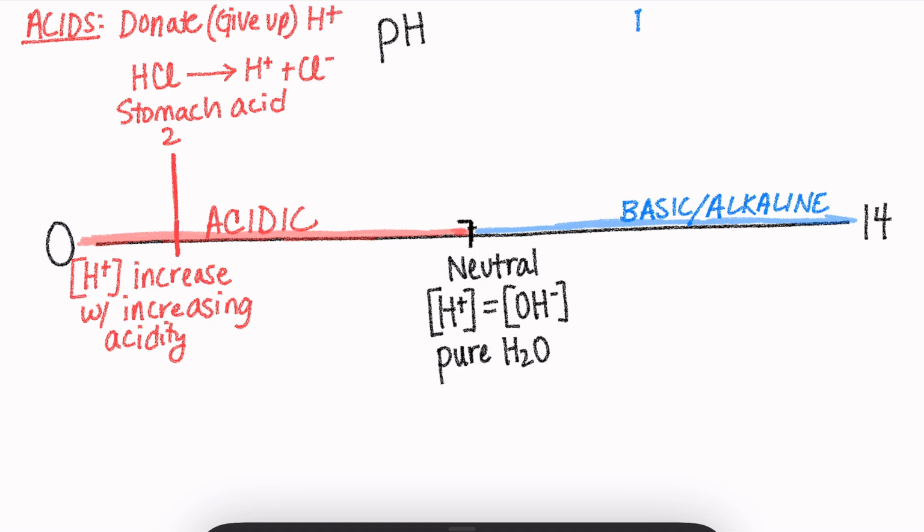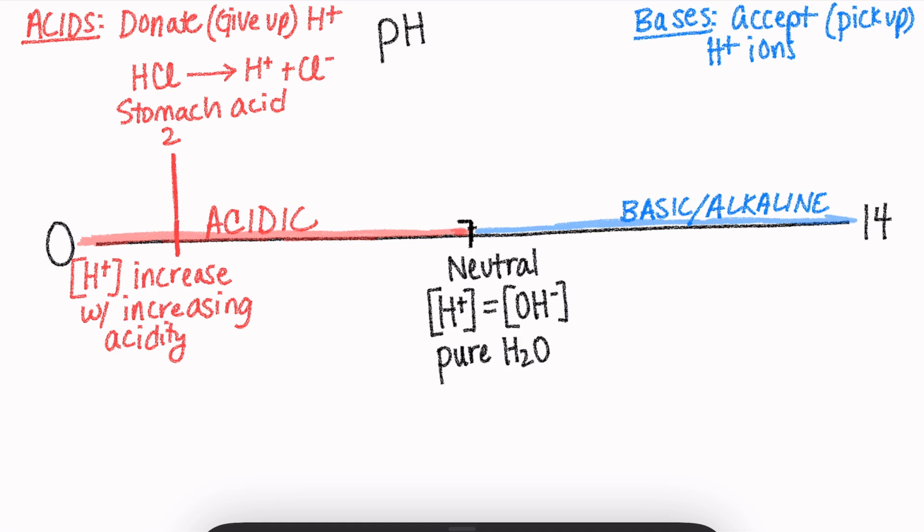We can contrast that with bases. Bases are going to be able to accept, or again, I use the phrase pick up hydrogen ions. This is what matters to me because we need to make sure that our blood does not get too acidic or too basic.